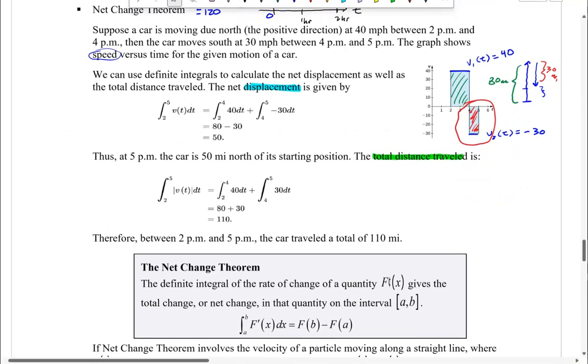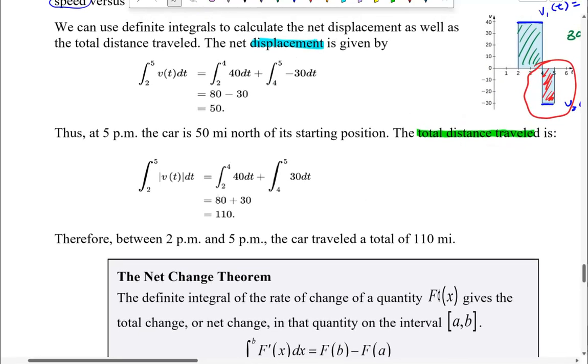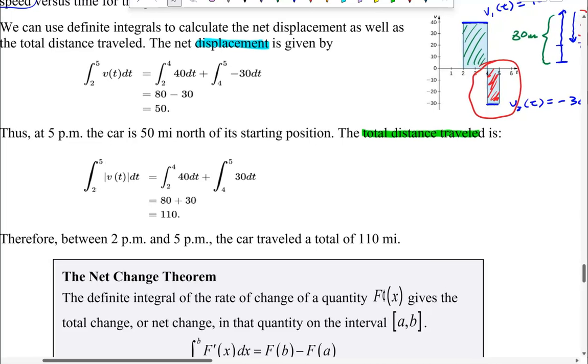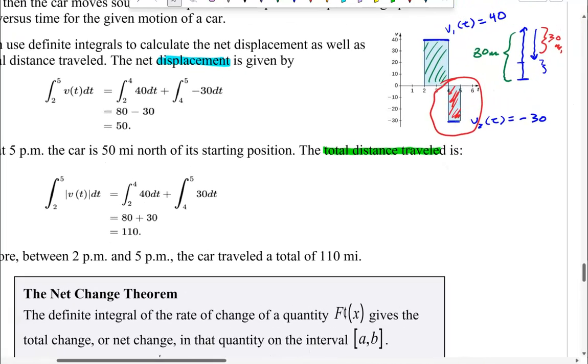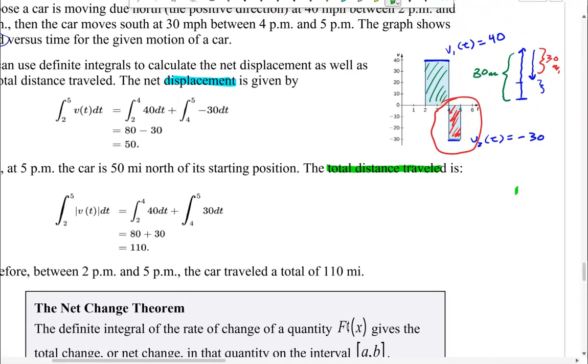So what we're going to do is, instead of integrating just plain v of t as we did with displacement, net displacement, we're going to integrate the absolute value of v of t for total distance traveled, okay? And when we do that, we're going to take our v2 that we have right here, and we're just going to make it positive. And that's what you're seeing right there.